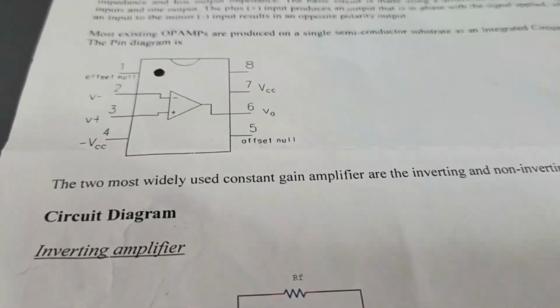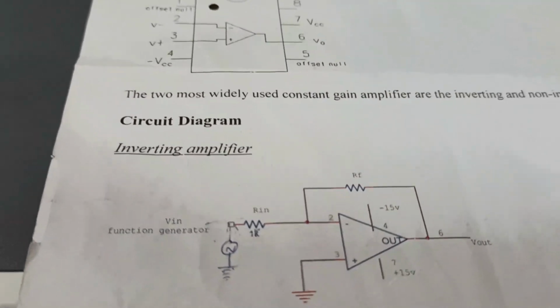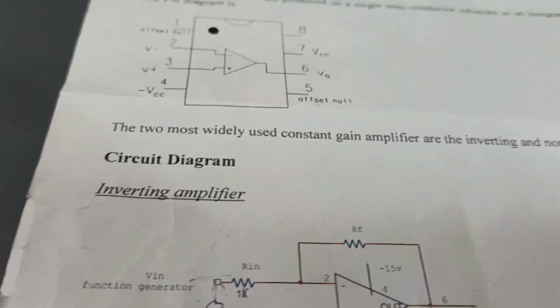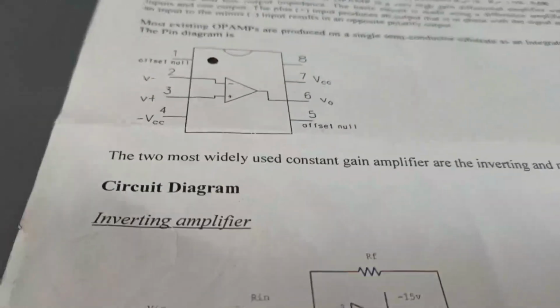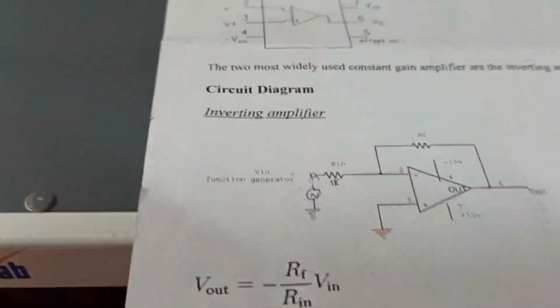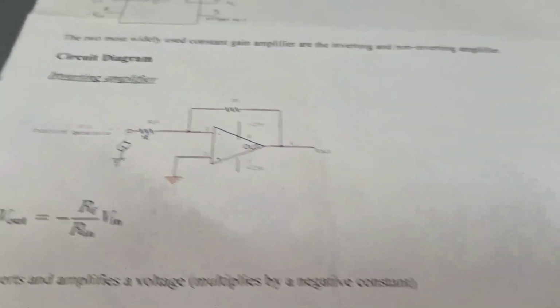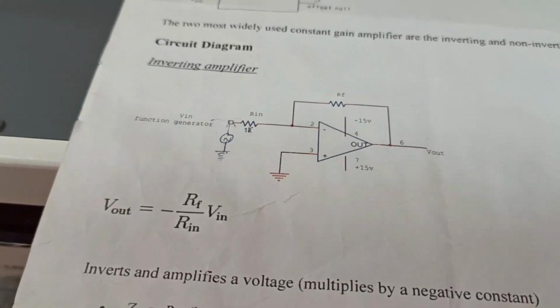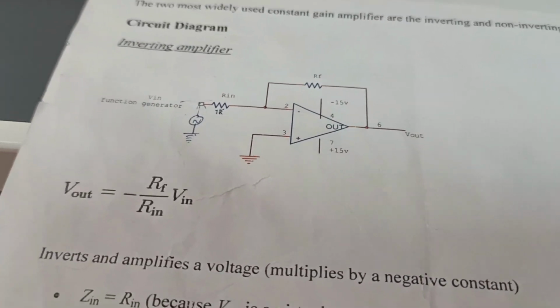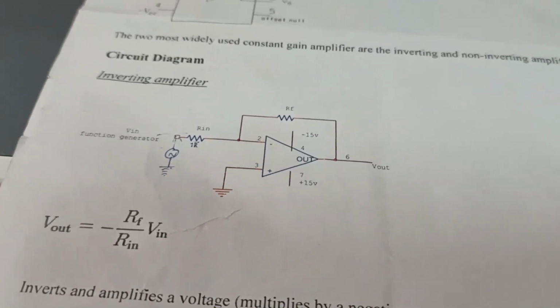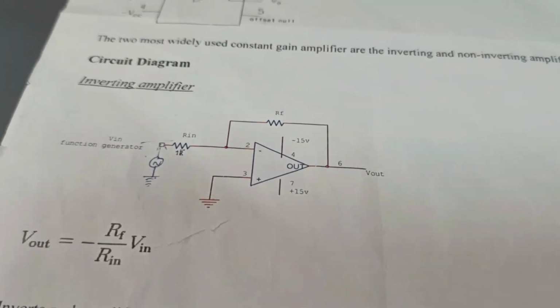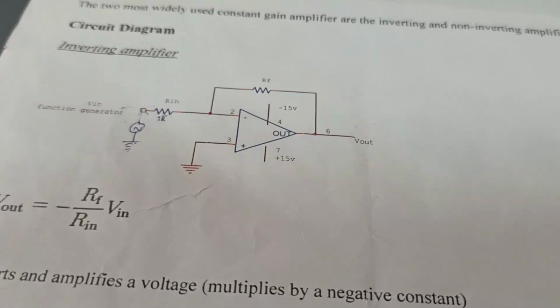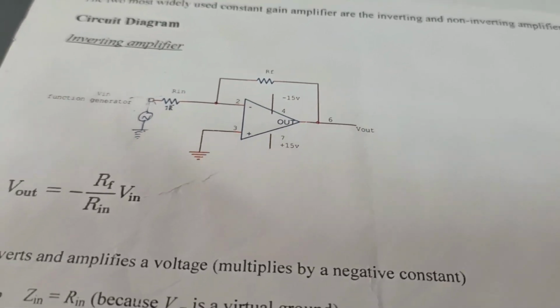Now for constructing an inverting amplifier, what we have to do? We have to connect a circuit in this way. There is a feedback resistor of 3.9K we have taken. At the inverting input, there is a 1K resistor we have connected.